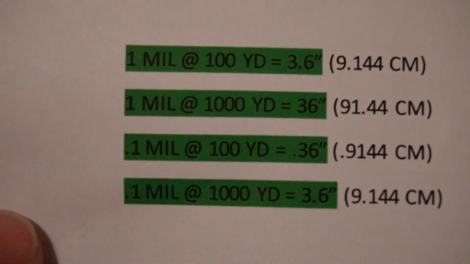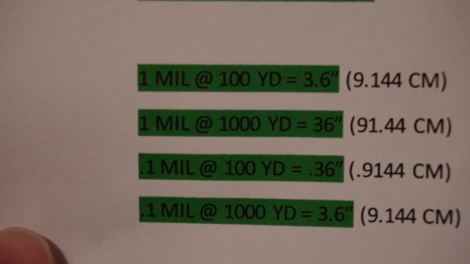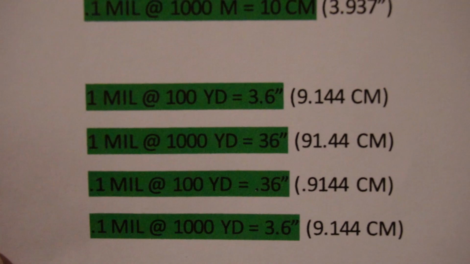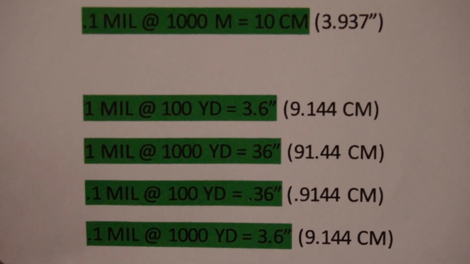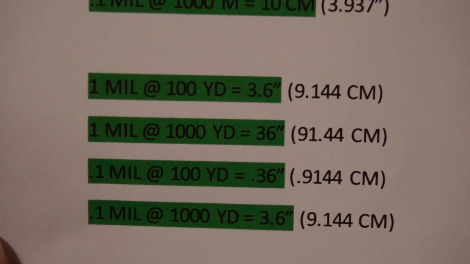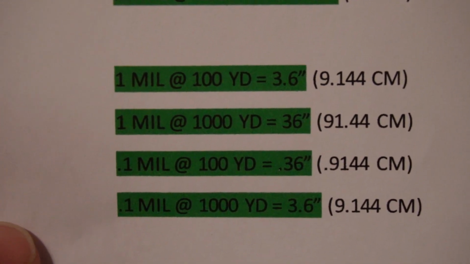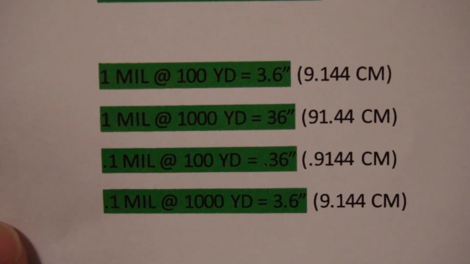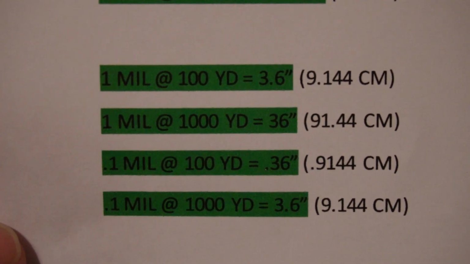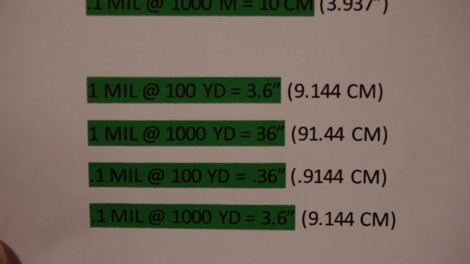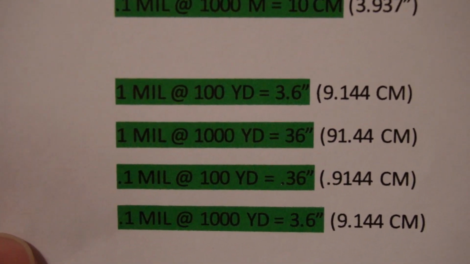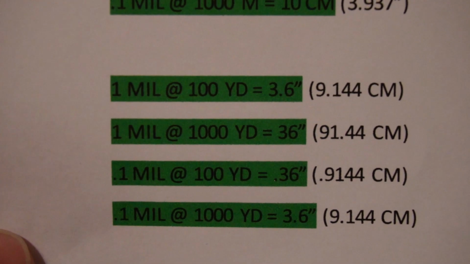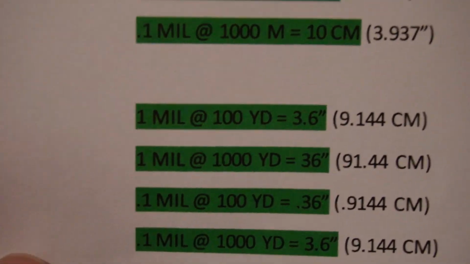But again, if you wanted to use mils with yards, it's actually pretty easy to do, not a hard conversion there. And like I said, us Americans, we can really appreciate the inch measurement or yard measurement. So 1 mil at 100 yards is 3.6 inches, and 1 mil at 1,000 yards is 36 inches, that's 1 yard.